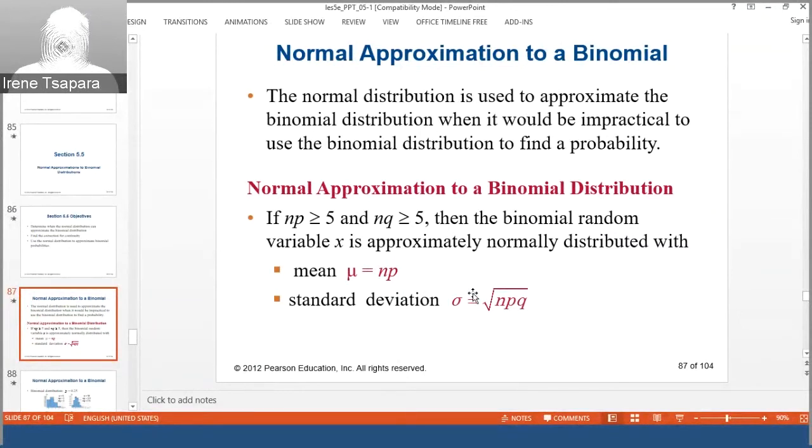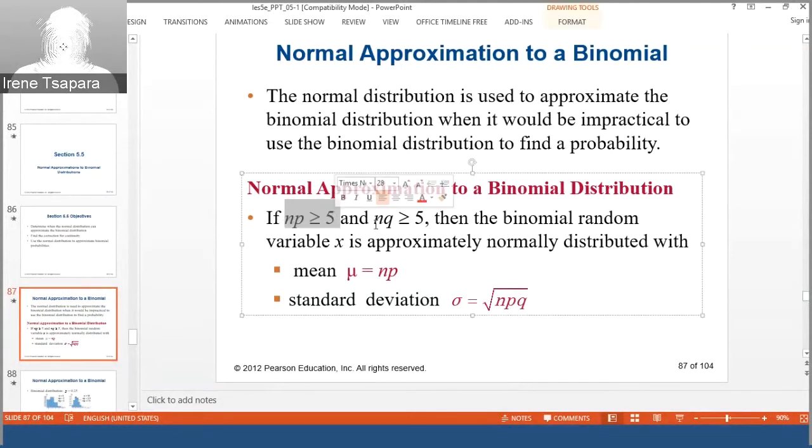But let's focus on the binomial distribution in detail right here. What are the conditions? In order to have a normal approximation of a binomial distribution, we have to know that n times p is greater than or equal to 5 and n times q is greater than or equal to 5. What does this mean?